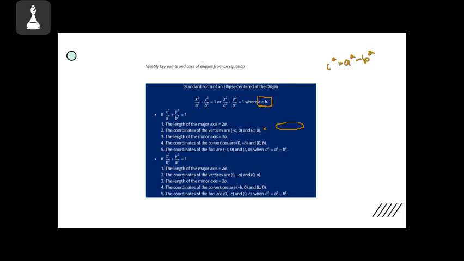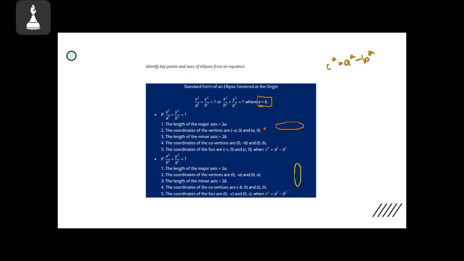If you are given the a, or the larger value, under the y term, we are now going to have an ellipse that is stretched vertically, meaning our major axis is going to be stretched in the y direction. The length of that axis is still 2a. The difference now is the vertices are 0, negative a, and 0, a.